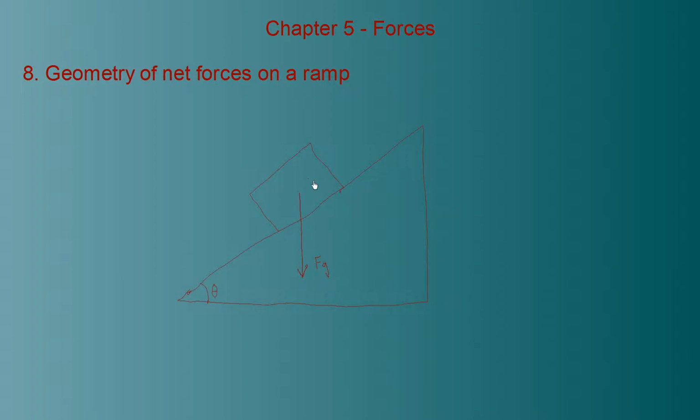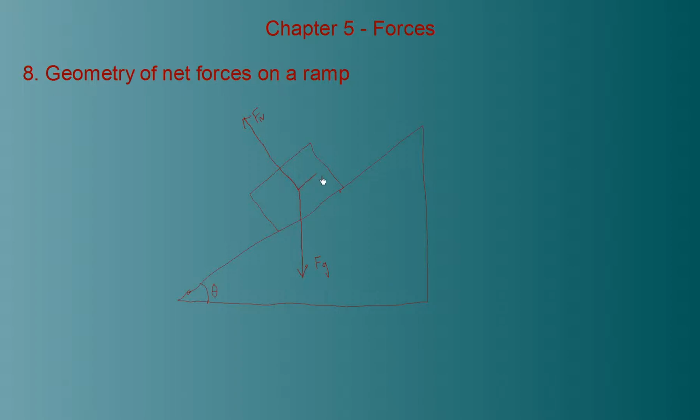Then let's label the normal force. And remember, the normal force is perpendicular to the surface. The surface is the ramp, and so perpendicular to the ramp is up like that. And there may be friction on the ramp, and so if the block wants to fall down this way, friction is going to try to oppose that motion.